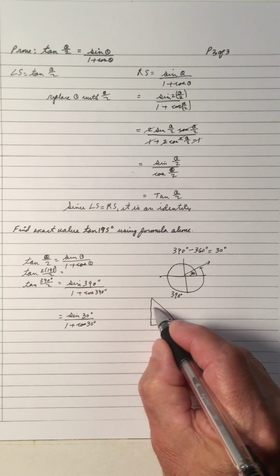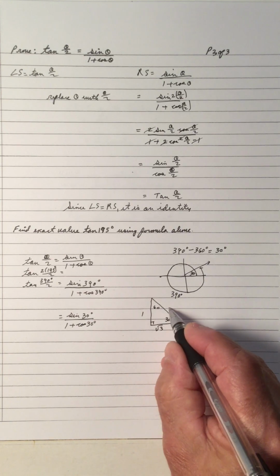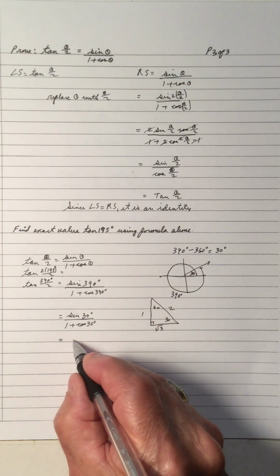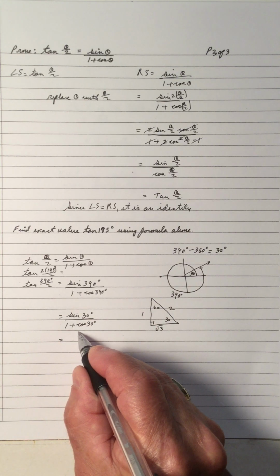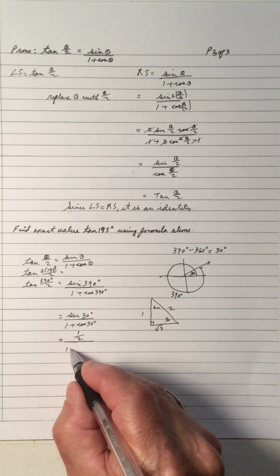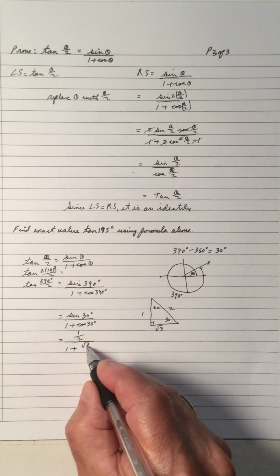And again, we got a 30 degree angle. We got a 30, 60, 90 triangle, 1, root 3, 2. And the sine of 30 is the opposite over hypotenuse. So that's 1/2. And 1 plus the cos of 30 is the adjacent over hypotenuse, which is root 3 over 2.